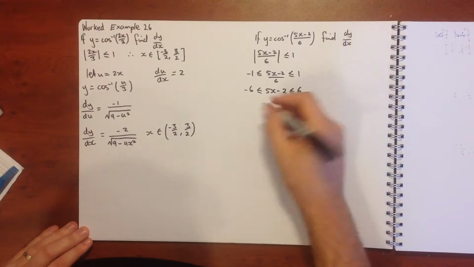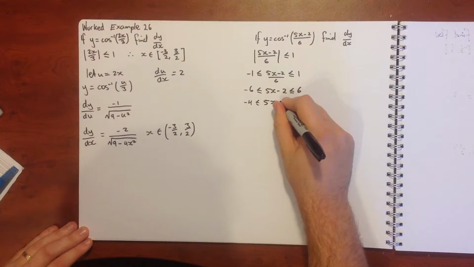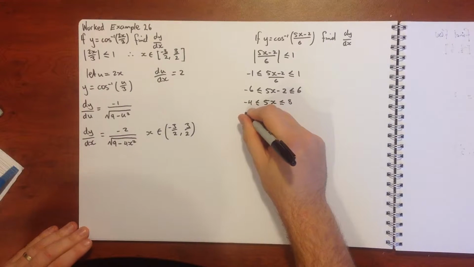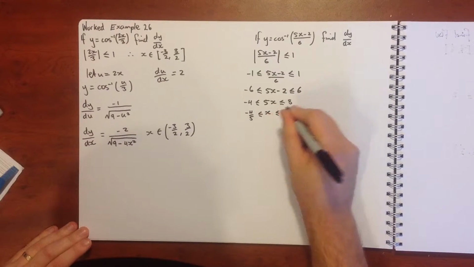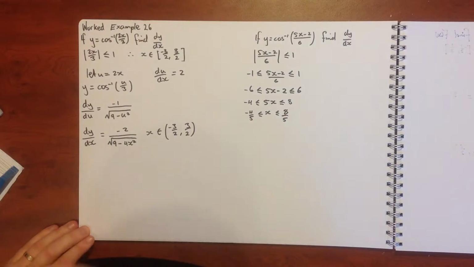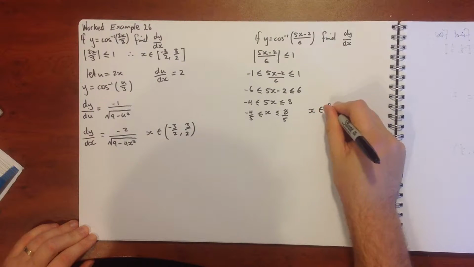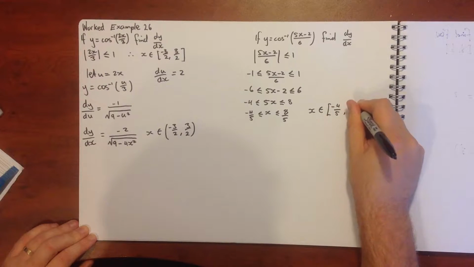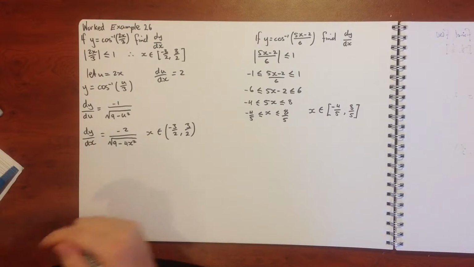Add 2 to both sides, we get minus 4 is less than or equal to 5x, which is less than or equal to 8. So minus 4 on 5 is less than or equal to x, less than or equal to 8 on 5. So x is an element of minus 4 on 5 to 8 on 5. I'll set this up for our domain later on.